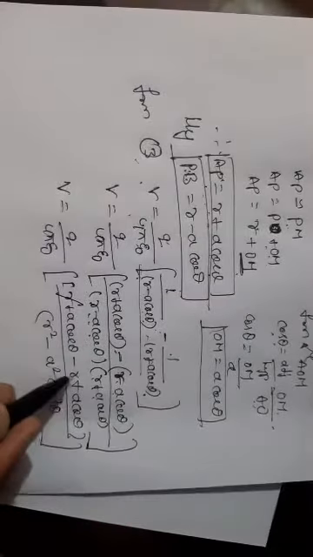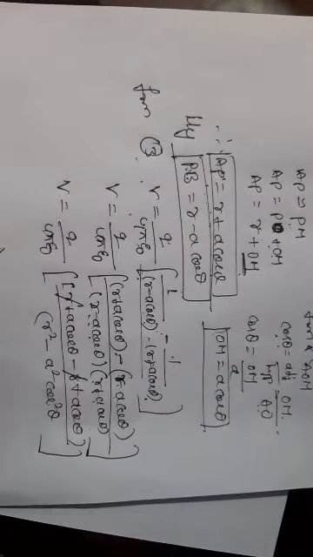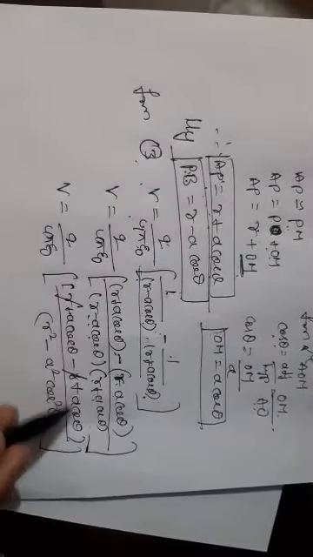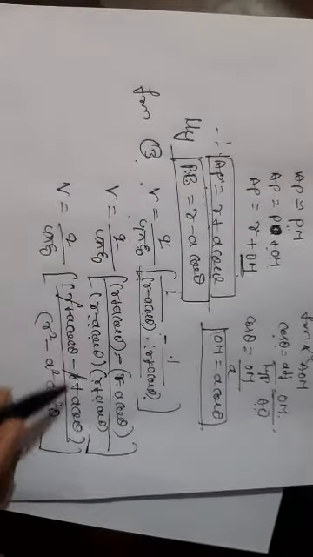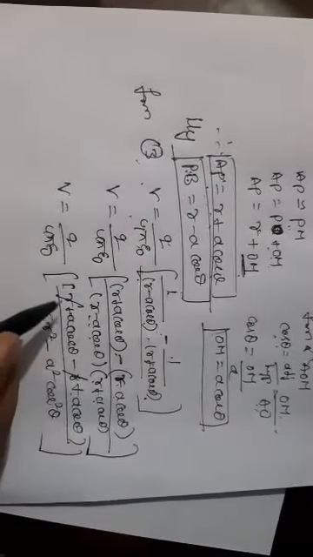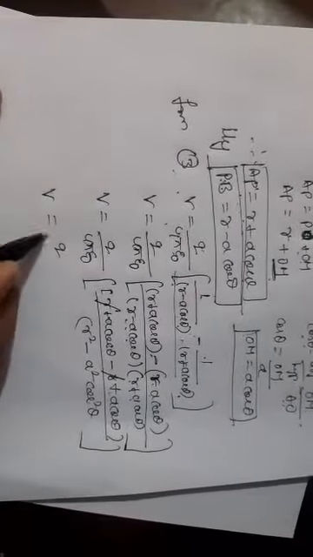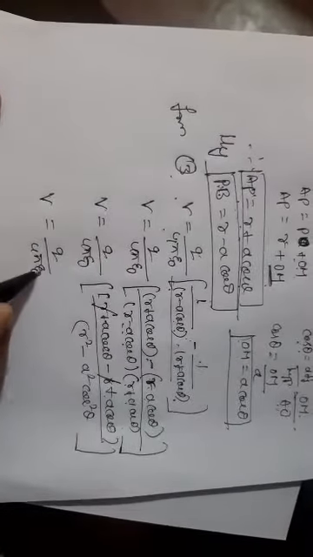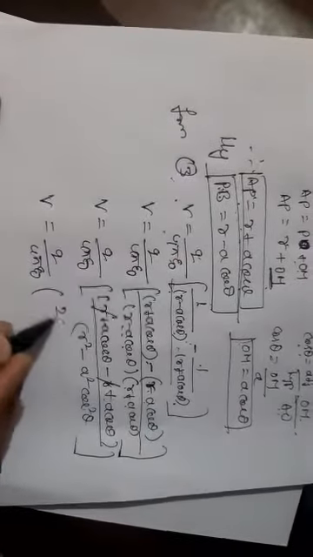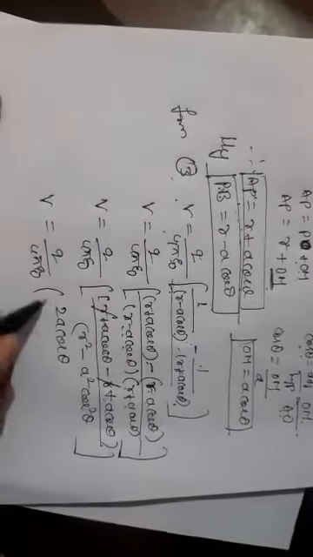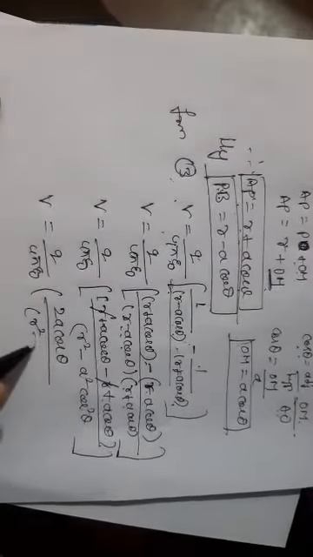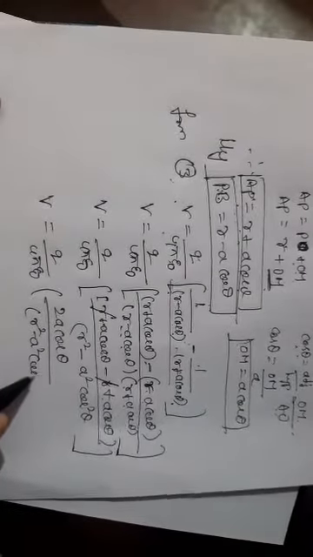Plus r minus r get cancelled. a cos theta plus a cos theta, one time of a cos theta, one time of a cos theta, that is 2a cos theta. Therefore the electric potential is q by 4 pi epsilon naught, that is 2a cos theta divided by r square minus a square cos square theta.